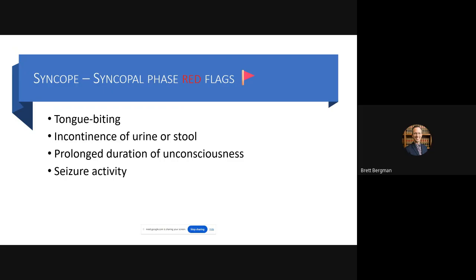And then if they fainted and were unconscious for a prolonged duration, that's also very unusual. Seizure activity, so if they actually had tonic-clonic seizure activity, that again is more likely making you think that they had a seizure and not that they just had a fainting spell.